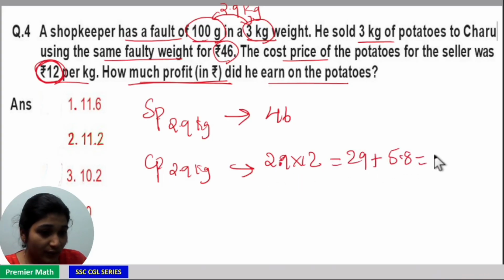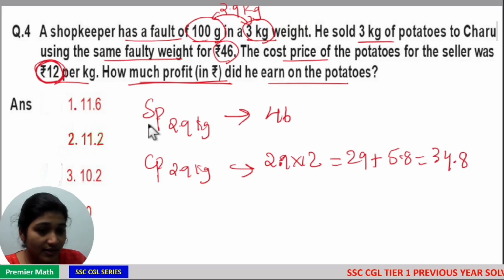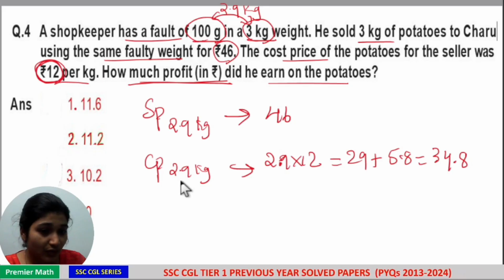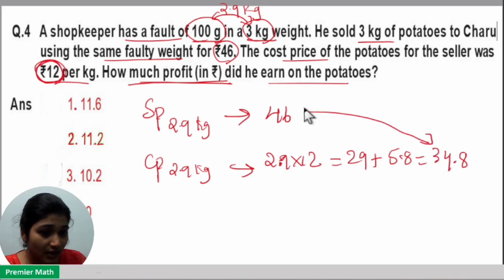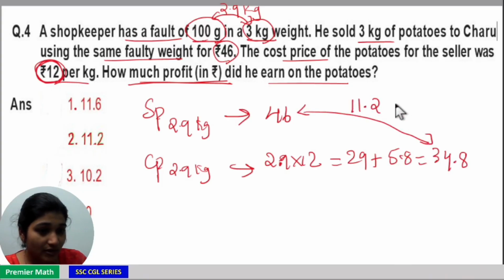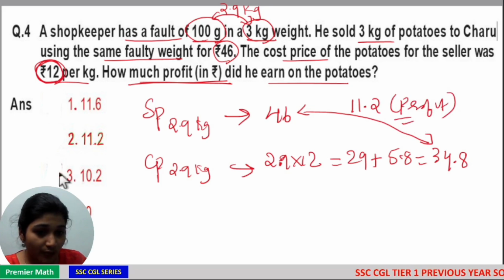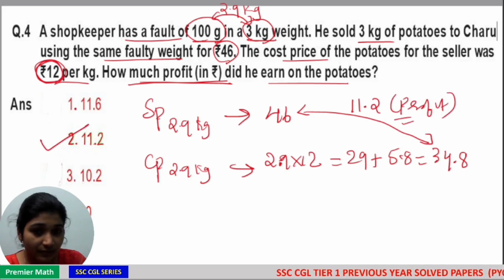So total is equal to 34.8, which means selling price of 2.9 kilogram is 46 and cost price of the same quantity is 34.8. Then if you take the difference, SP minus CP is equal to 11.2 rupees. So this is the profit he made in rupees. So option 2 is your answer.